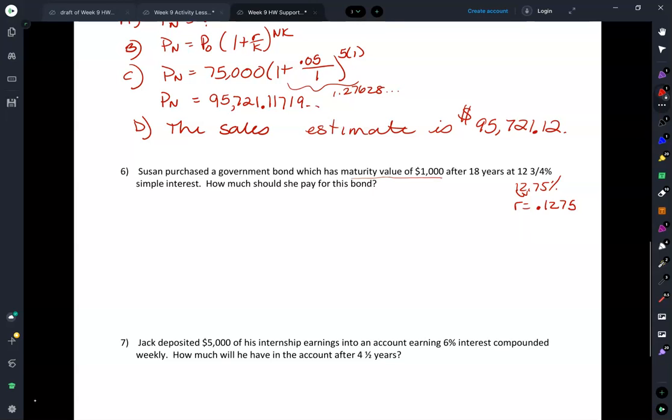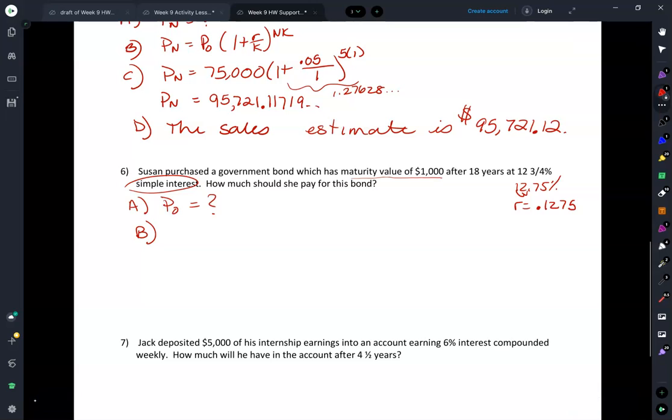Sometimes people just leave that as 12.75 instead of moving the decimal. How much did she pay for this bond? So it doesn't say it's compounded, or it says simple. So if it doesn't say compounded, then it would be simple even if it didn't say it. So she's trying to find the initial value, P sub 0.